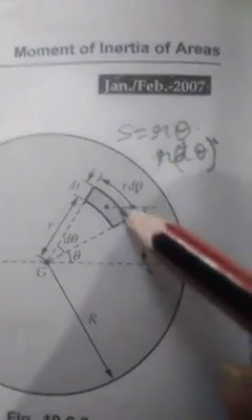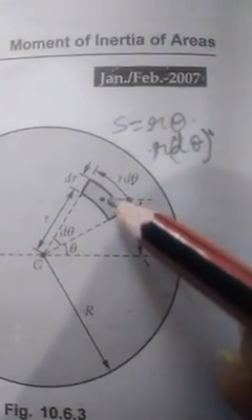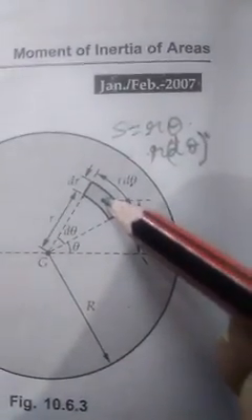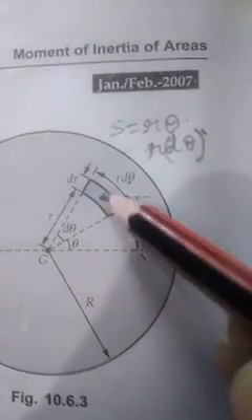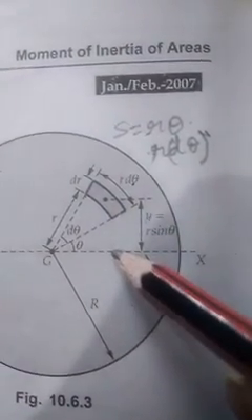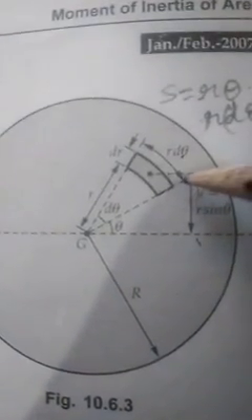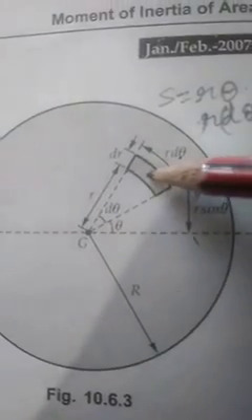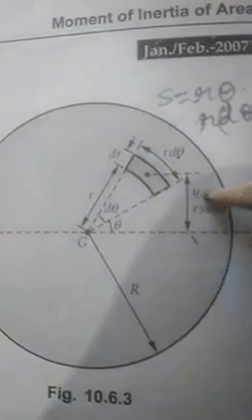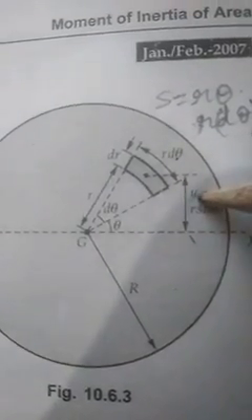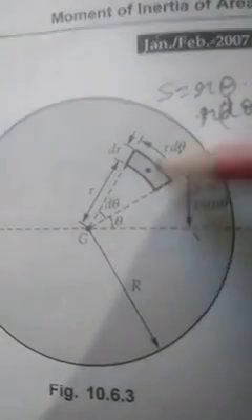Now consider this is the elemental area. The distance from the elemental area to the reference axis is y. Y is this distance.